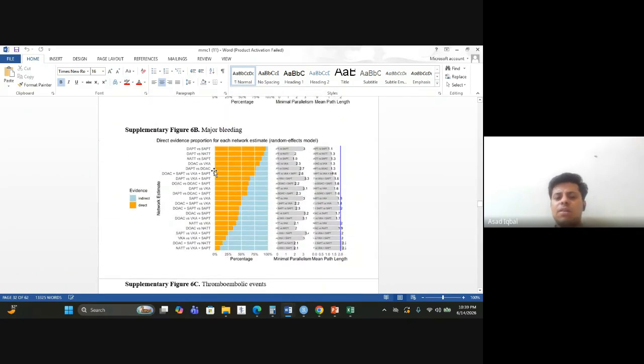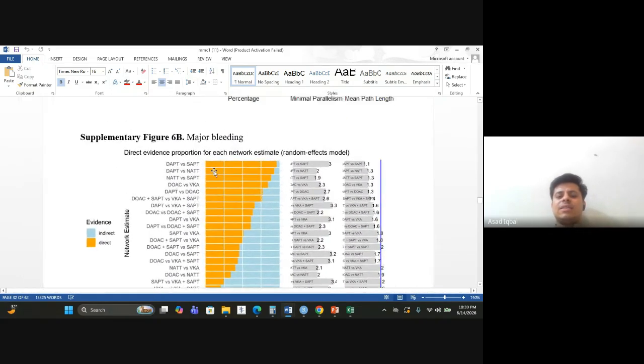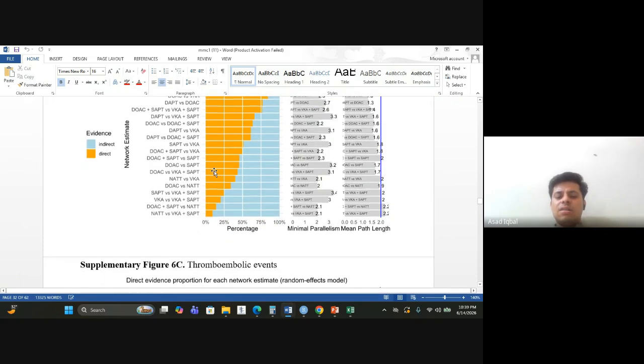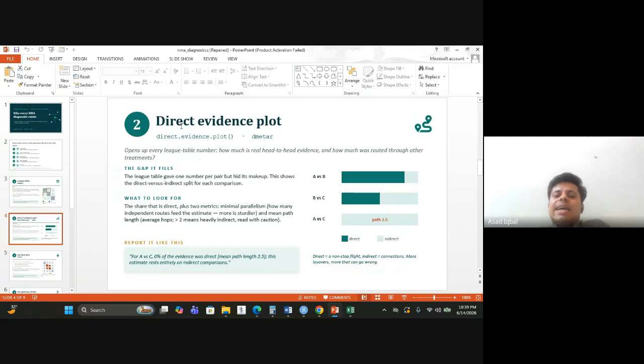This plot is called a direct evidence plot. What does this mean?